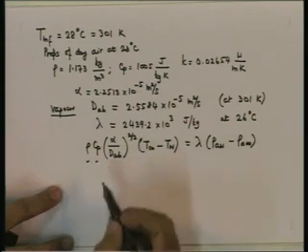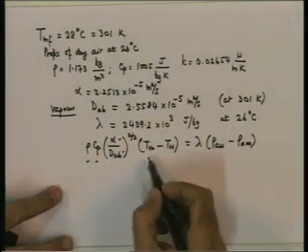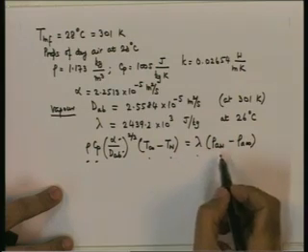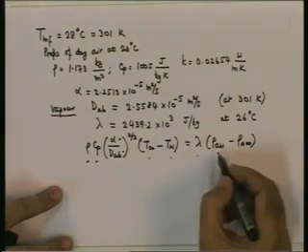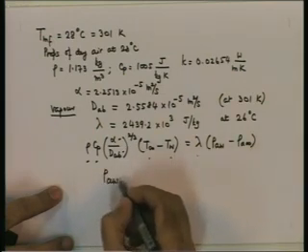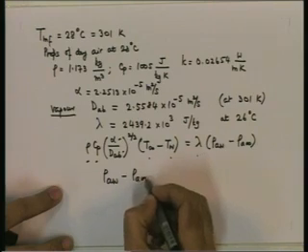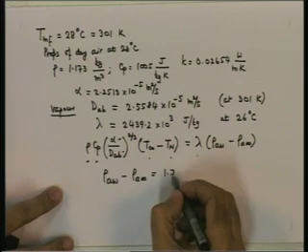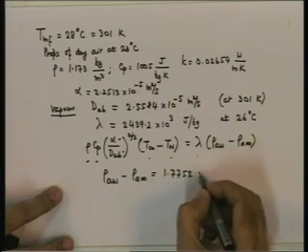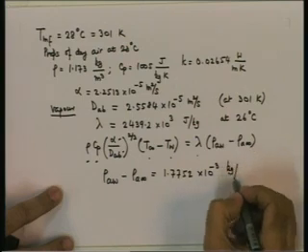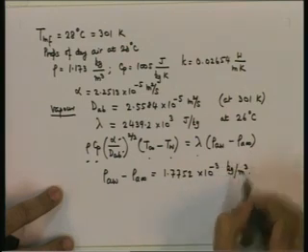We know rho, Cp, alpha, DAB, T infinity, TW, lambda, everything is known. So the only unknown is rho AW minus rho A infinity. So we get rho AW minus rho A infinity is 1.7752 into 10 raised to minus 3 kg per meter cube.